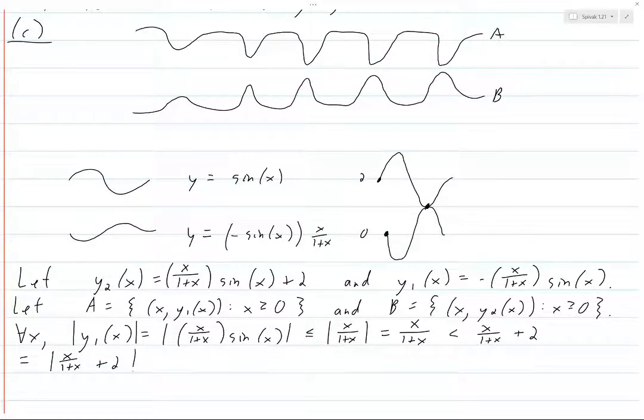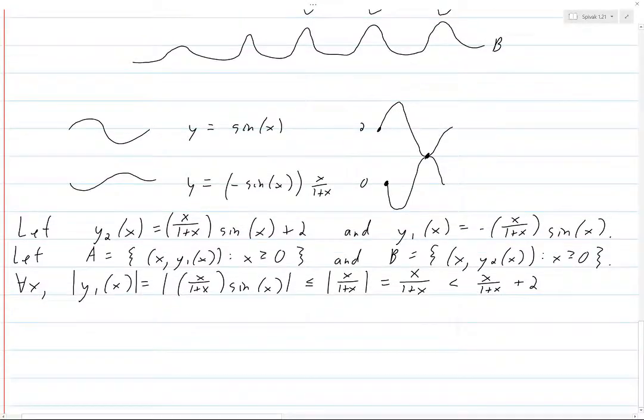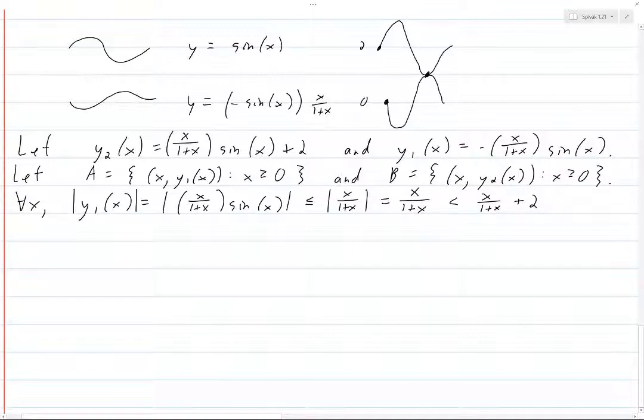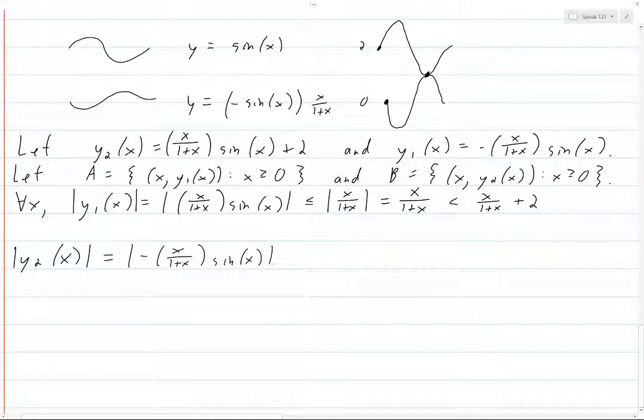Wait a minute. No, this isn't going to work. Let's start this way. Minus x over 1 plus x sine of x. No. This is the other one.